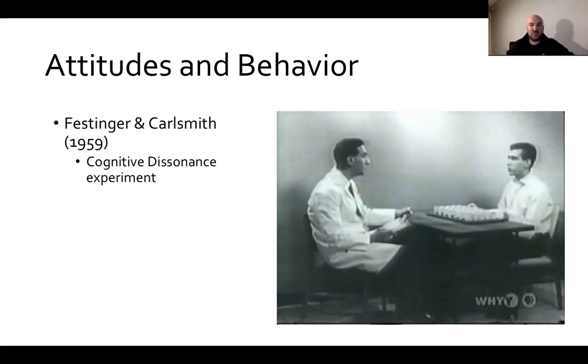So the next morning, on Monday morning, Leon Festinger goes back to campus and says, I need to test this. I need to test what happens when people experience what's called cognitive dissonance, when their attitudes and behaviors don't align. I want to try and recreate that in a laboratory setting and see what happens.